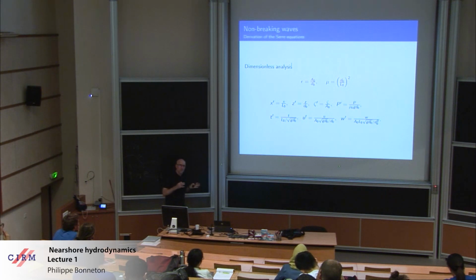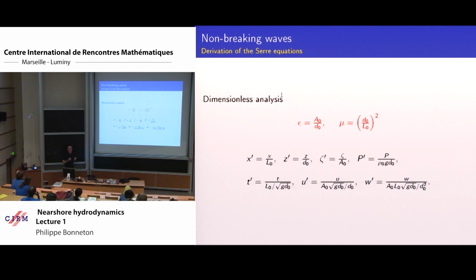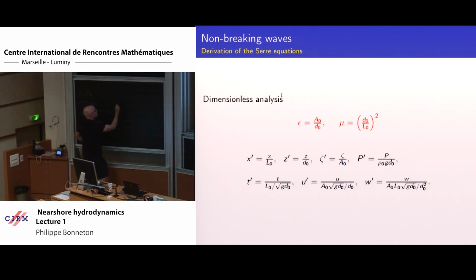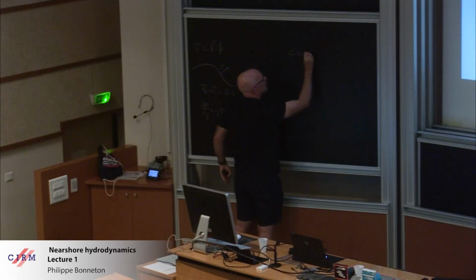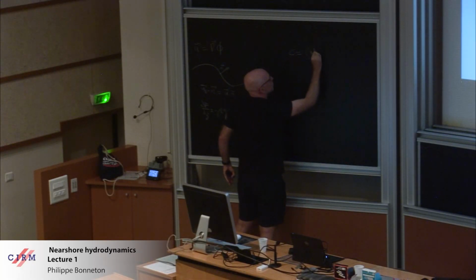For the other variables, we have to use the knowledge of the linear theory. So we will see that later. So you have to believe me. For instance, for the time, the characteristic scale is given by the characteristic velocity in shallow water, which is C equals root g D0.